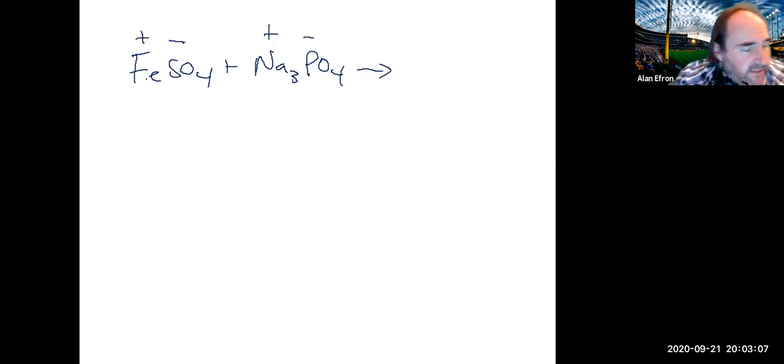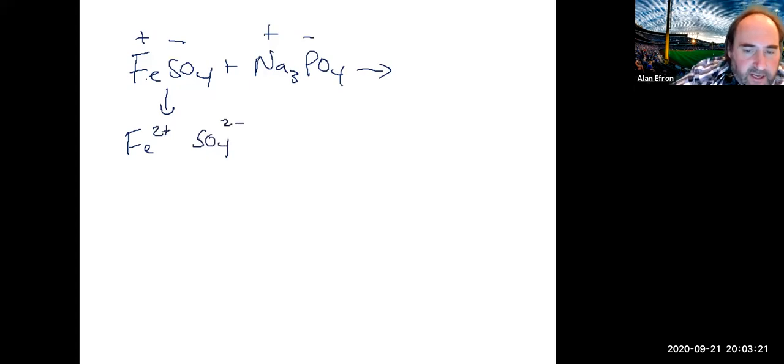Now, when we do this one, again, this is really important that you get the right formulas first. So basically this is iron with a +2 charge. This is sulfate with a -2 charge. This guy is basically just a sodium ion, even though there's 3 of them. And this guy is really just the basic unit of phosphate.